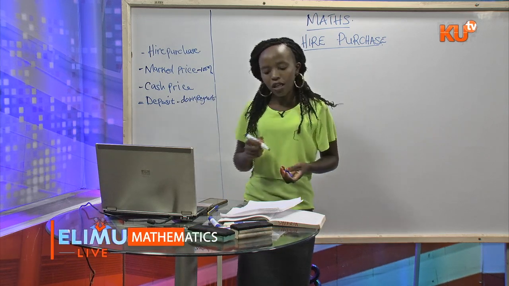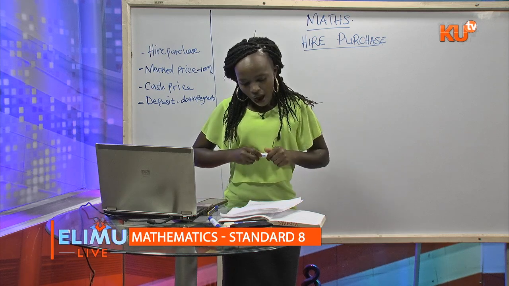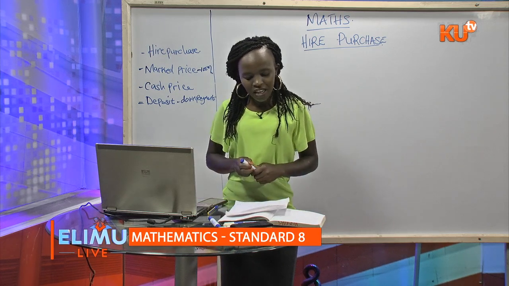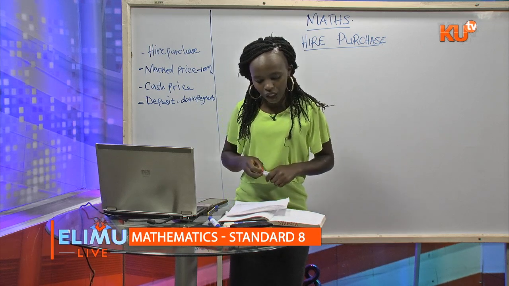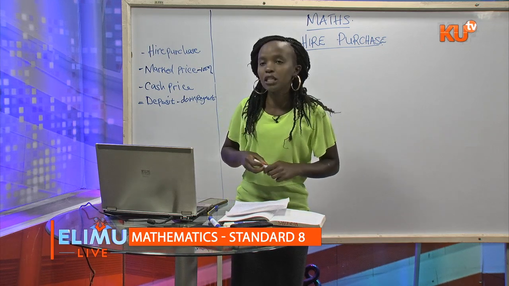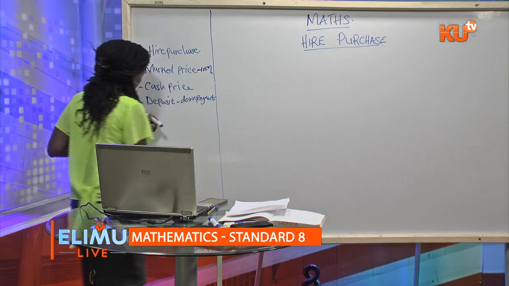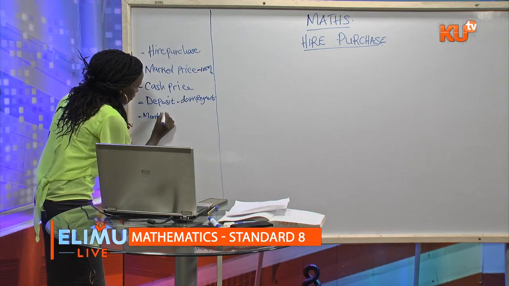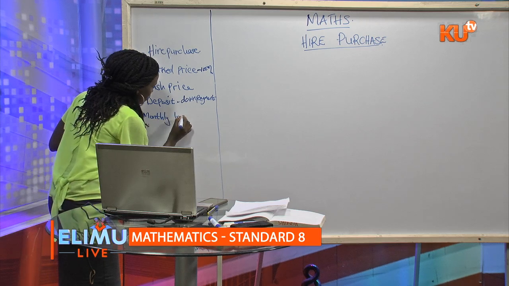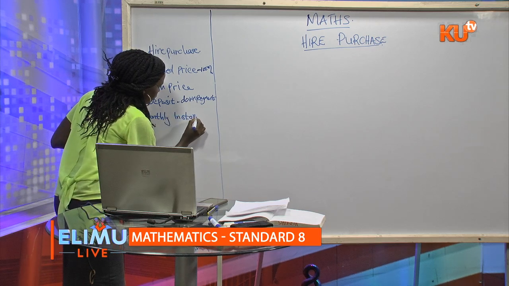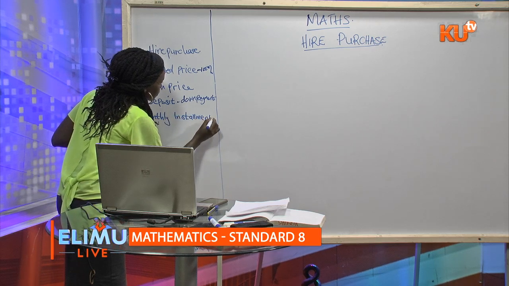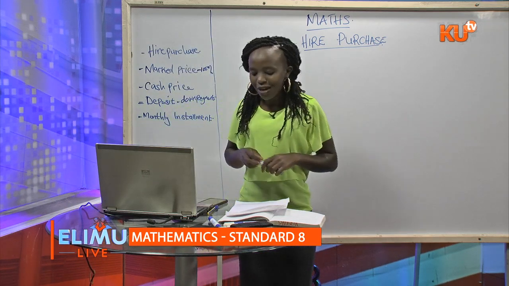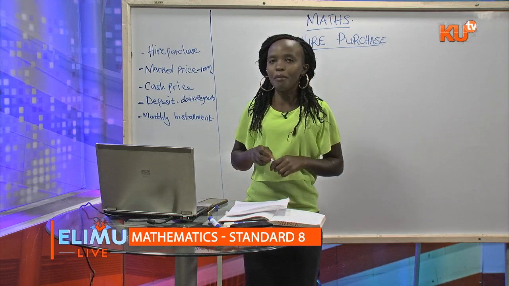The deposit is the amount of money that you pay first, after you have agreed with the trader. Then after that, we have another term that we call the monthly installment. This is the money agreed to be paid per month.